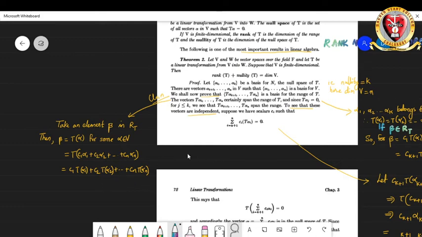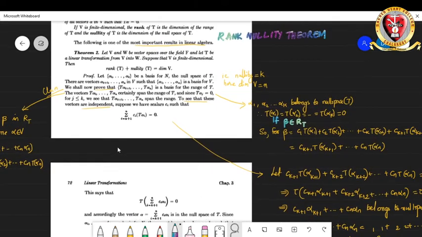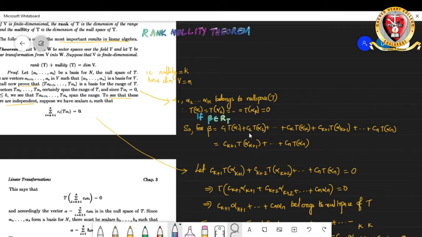So beta is equal to C1 into T of alpha 1 plus etc. plus Ck into T of alpha k plus Ck plus 1 into T of alpha k plus 1 plus etc. plus Cn into T of alpha n. But we know that till k, T of alpha 1, T of alpha 2, etc., T of alpha k are equal to 0, right? So beta is equal to Ck plus 1 T of alpha k plus 1 plus etc. plus Cn T of alpha n.